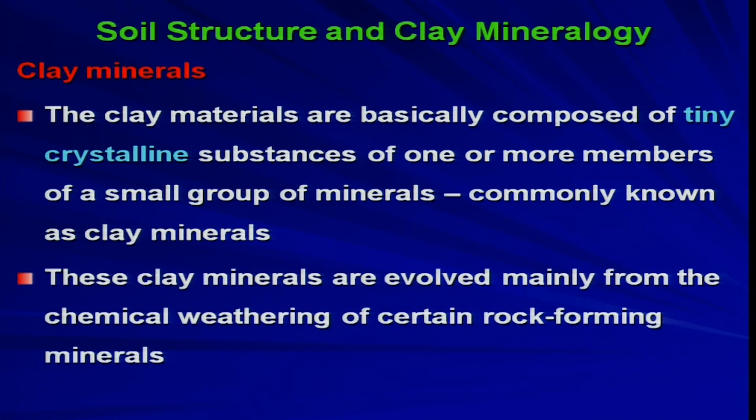Now, these clay minerals evolved mainly from the chemical weathering of certain rock forming minerals, and already we have seen in the very first class what chemical weathering is. So, from the chemical weathering of the rock, your soil gets formed, and if you consider the clay type of soil, clay minerals are nothing but the outcome of the weathering process of rock.